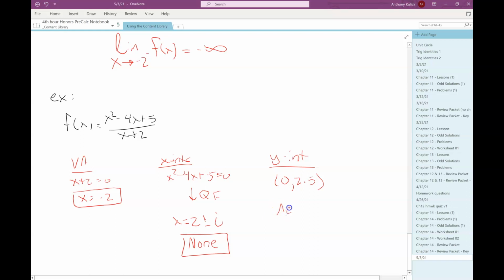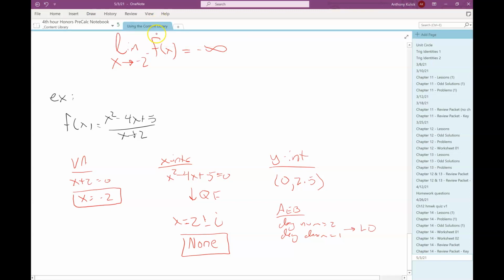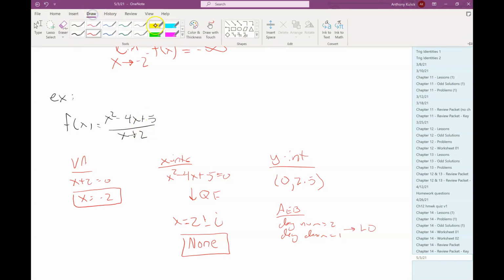And then my asymptote and behavior: the degree of the numerator is 2, the degree of the denominator is 1, so that tells me I have to do that long division, right? And actually, if I look at this particular problem, I don't have to do the polynomial long division, since my denominator is degree 1 with leading coefficient 1.